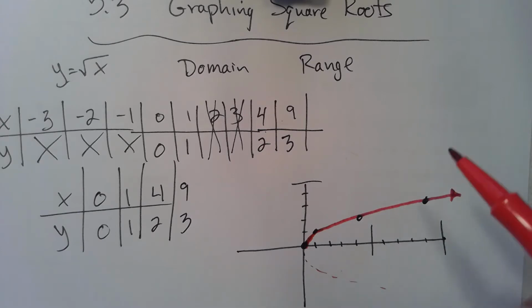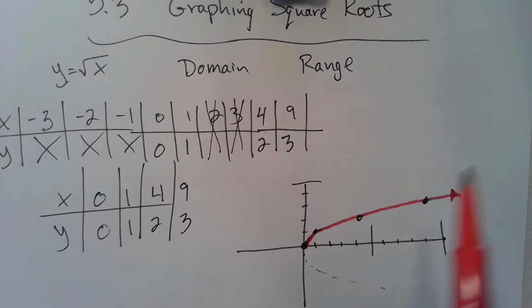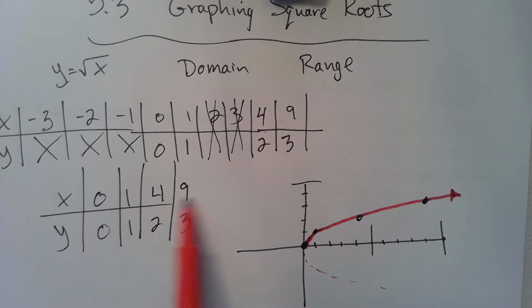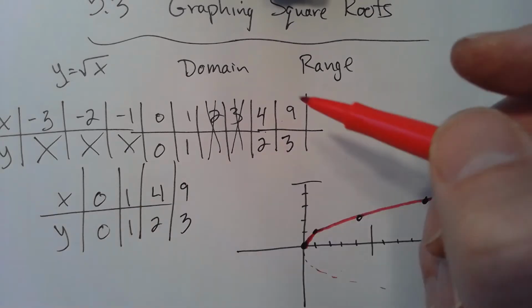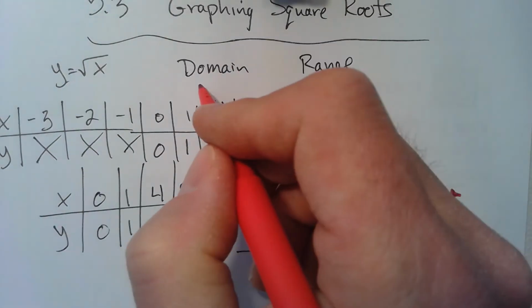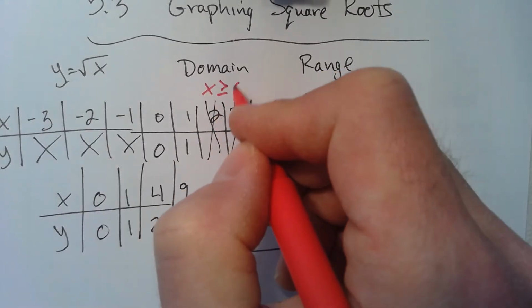So the domain, remember domain is possible x values. The first possible x value would be 0, and any number beyond that would be okay, but nothing negative. So if I was going to say the domain, it would be x greater than or equal to 0.